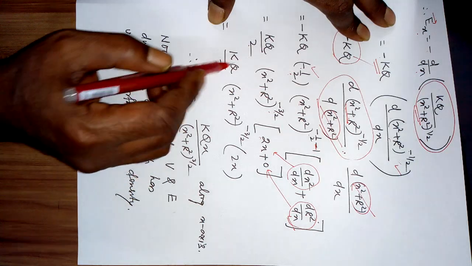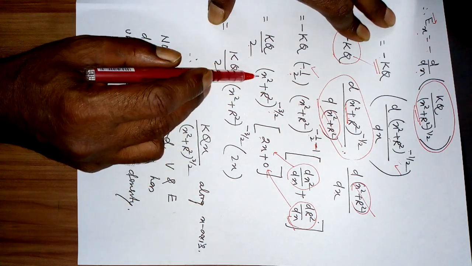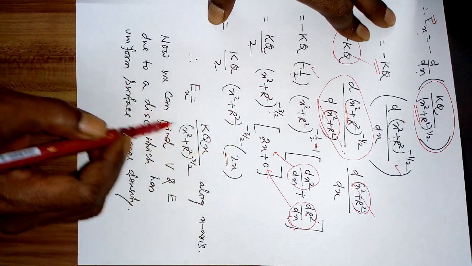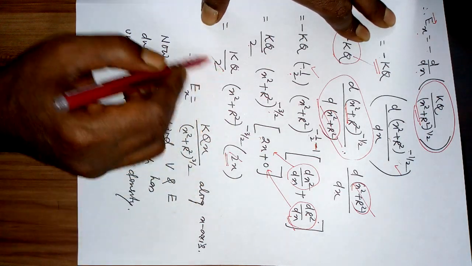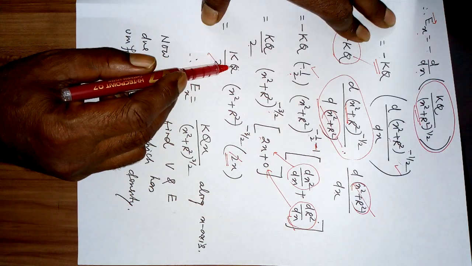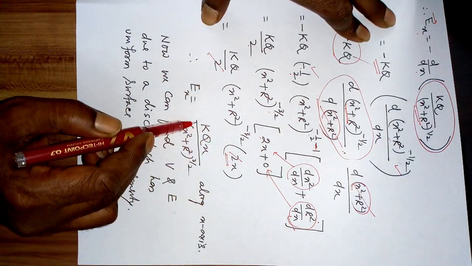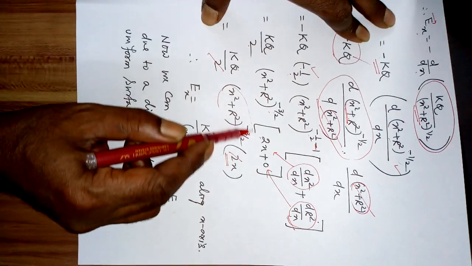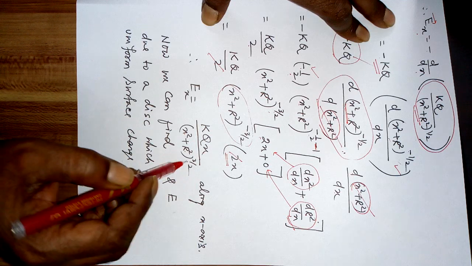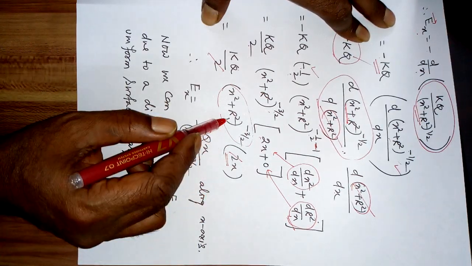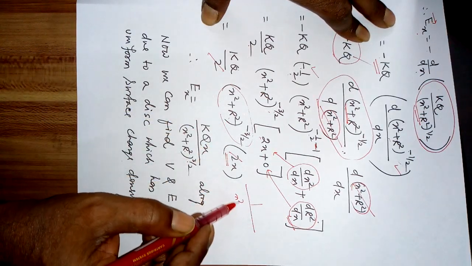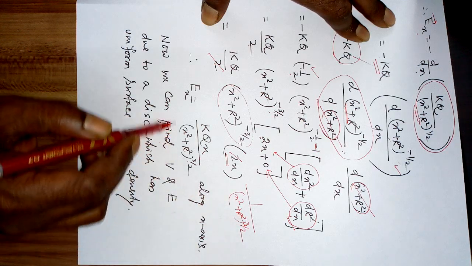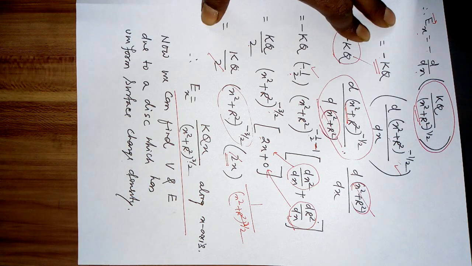Now this 2 cancels, so I am left with kqx over x square plus r square to the power 3 by 2. Here this is minus 3 by 2, so I make it 1 over, so this is 1 over x square plus r square to the power 3 by 2. So this is the electric field along the x-axis.